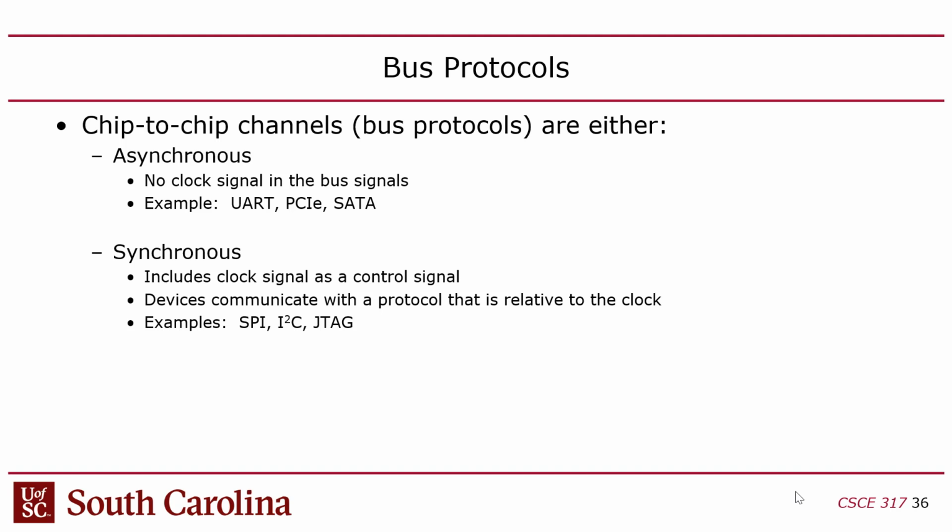You plug into your power distribution unit in your rack, which has a console input that's UART. You plug it in, and it's like, all right, let's try 9600. Nothing. All right, let's try different values till you get it. And then for synchronous, SPI, I2C, and JTAG all had clocks in the channel.